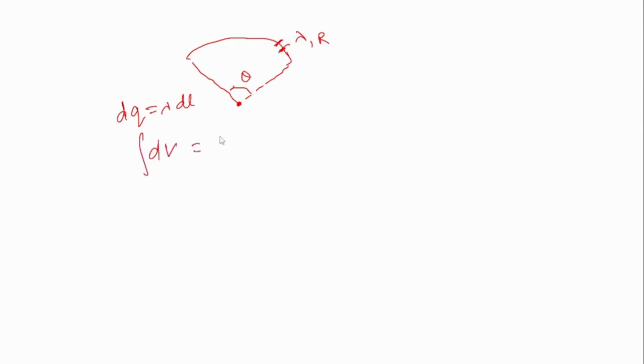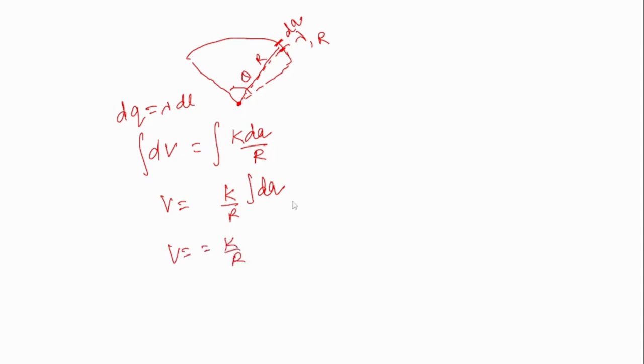Electric potential will be the integration of dV, and dV will be k dq over r. Let's join this line: the electric potential at the center due to this charge dq will be k dq by r, since the radius is constant throughout. Now V is k upon r times the integration of dq, which will be the whole charge on this partial ring.